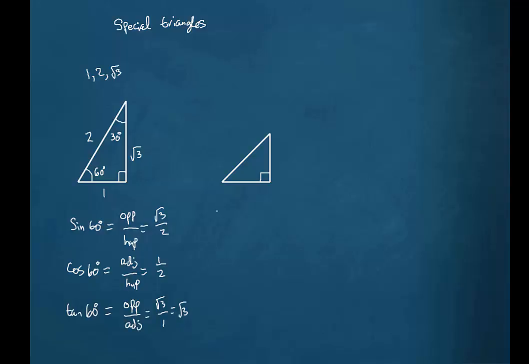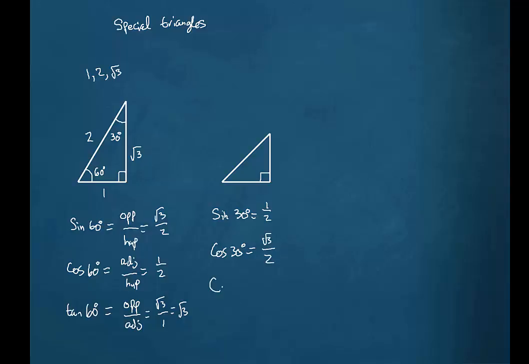We could also look at the sine of 30 degrees. Now, relative to this angle, 30 degrees, the opposite would be 1, and the hypotenuse would still be 2. The cosine of 30 degrees would be now adjacent over hypotenuse, square root of 3 over 2.